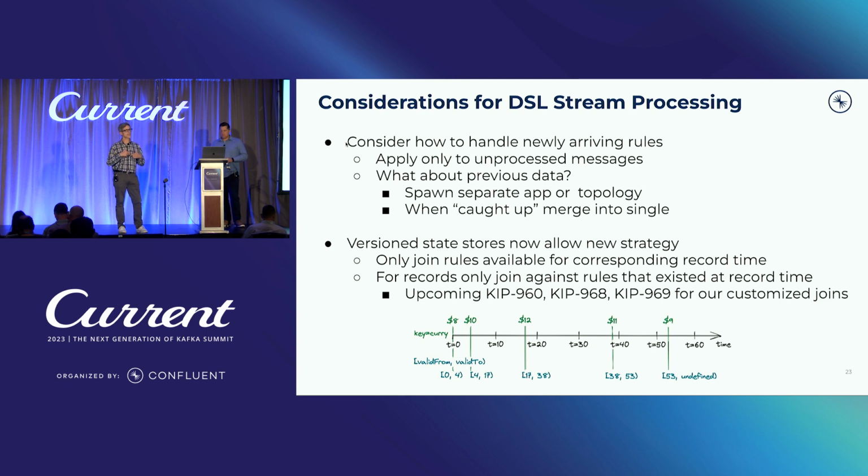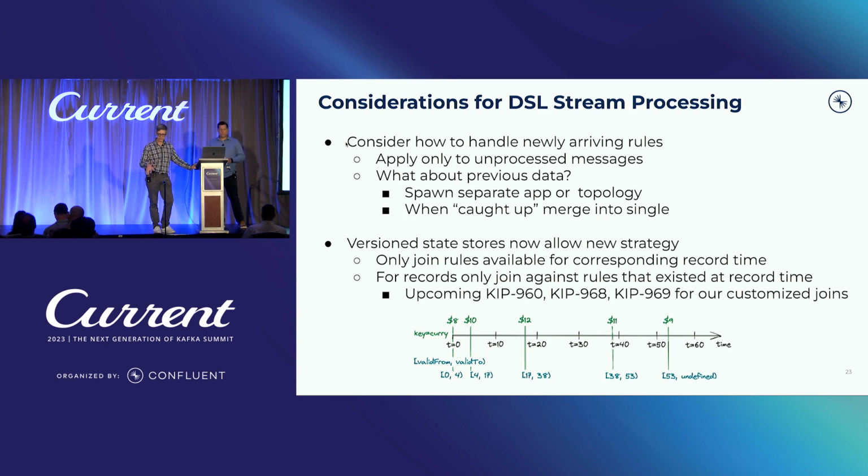And so if you have late arriving data, you can apply it to the rule that was there at the time. Or it doesn't have to be a rule, it could be another stream processor. But in our case, it would be a rule. So imagine we have late arriving data based upon some timestamp, and if the rule is important, of which one it's applied for, this is going to make a big difference.